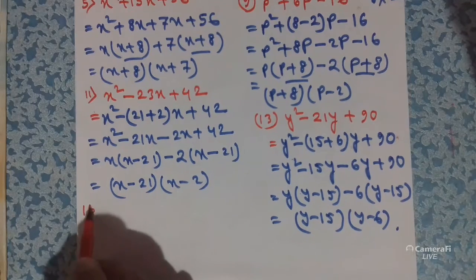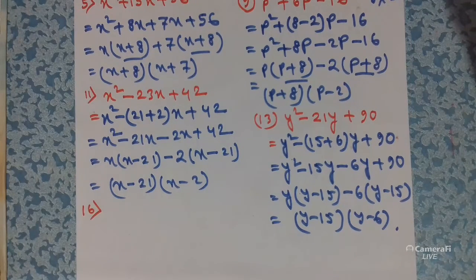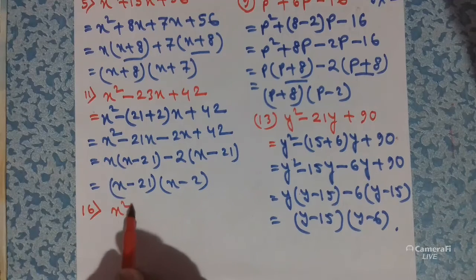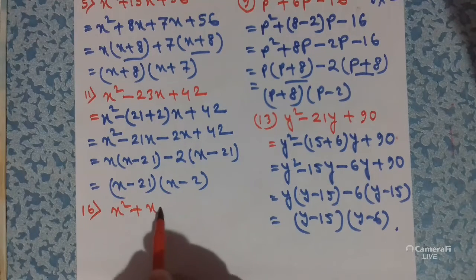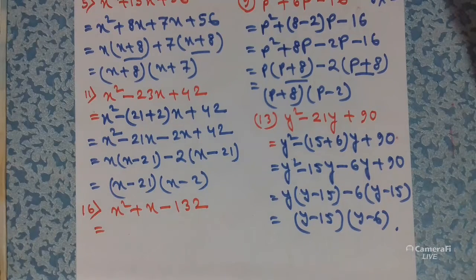Problem number 16. X square plus x minus 132. So here students, we can take two numbers as 12 multiply 11. So we know that 12 multiply 11 is 132 and 12 minus 11 is 1 because it is single x. So that means 1x.